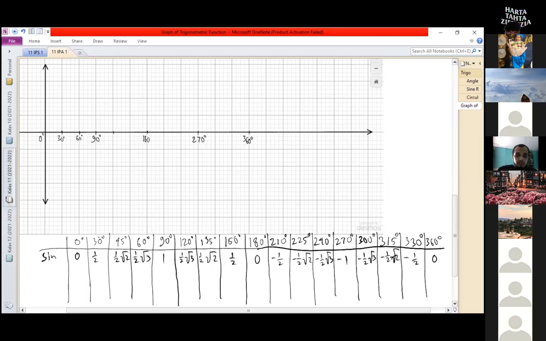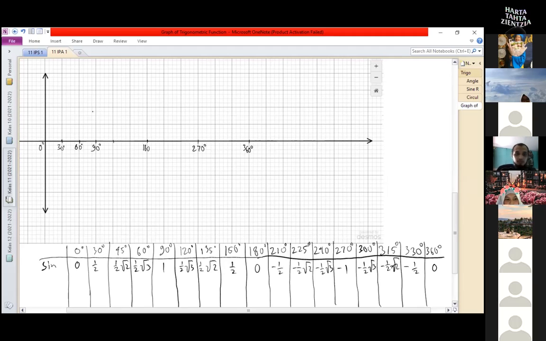In other words, if you want to draw the 45 degrees, it's not like 0, 30, 45 here. It's not 45 here, it's 60, because the distance here is, I make the distance 30 degrees. Yeah, the scale is up to you.